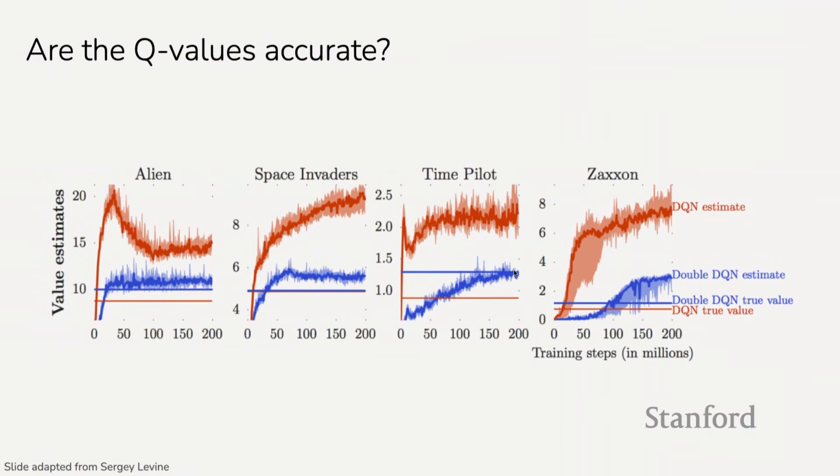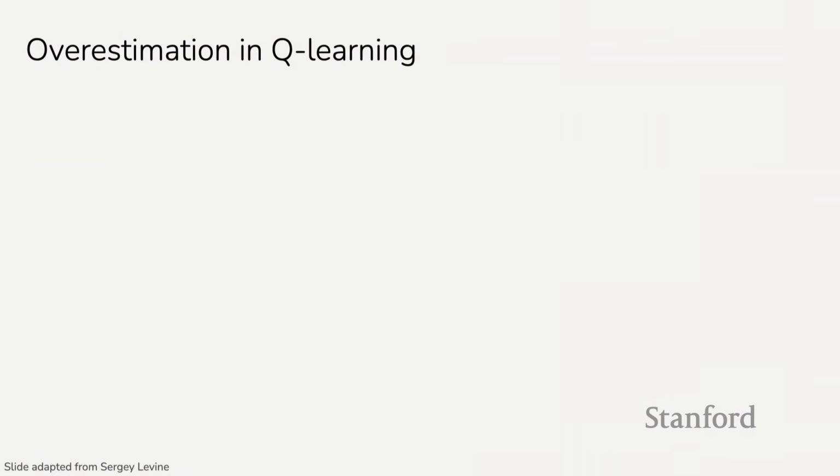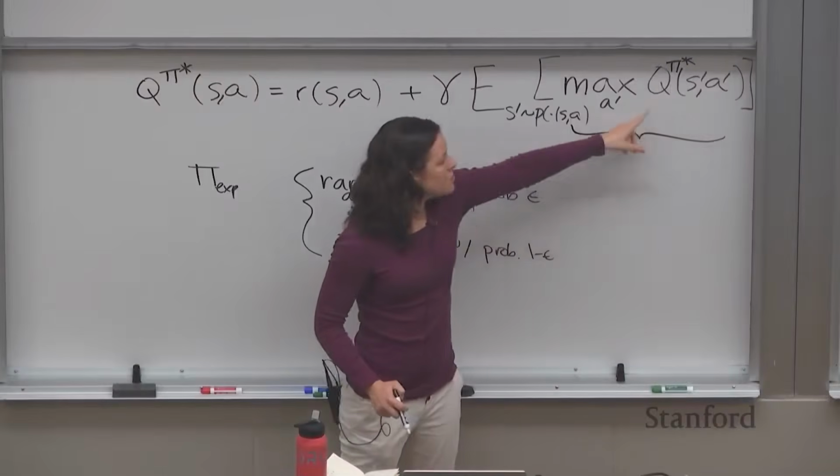So let's talk a little bit about double DQN, and overestimation in general. Our target value has a max over actions right here. When we take this max, we're choosing an action that maximizes this Q value.